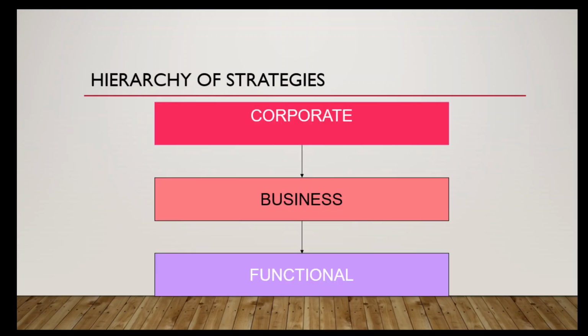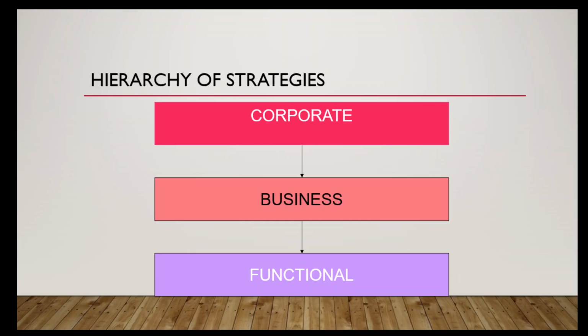Now, let's go to the hierarchy of strategies. Okay? So, eto nabanggit na natin siya nung chapter 1. So, you are already familiar with this. We have here yung corporate, yung pinakamataas, and then we have business, and then down to functional.